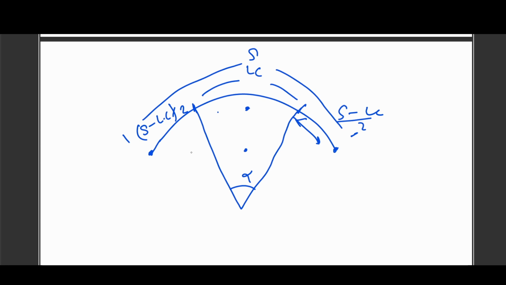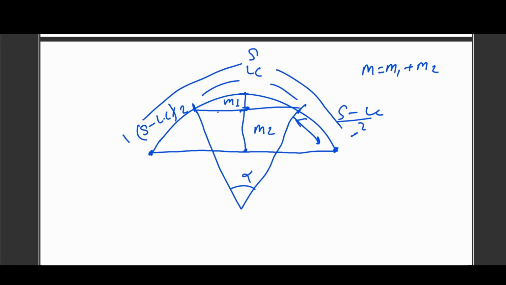So the sight distance should be obstructed by this obstruction. The total value is from here to here. Let us consider this as m1, and this as m2. So the total obstruction m equals m1 plus m2.